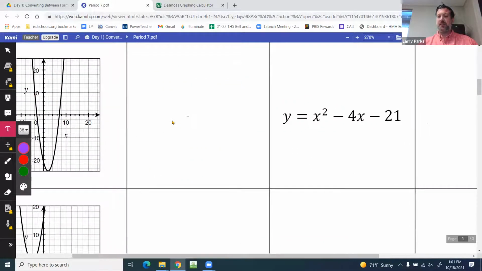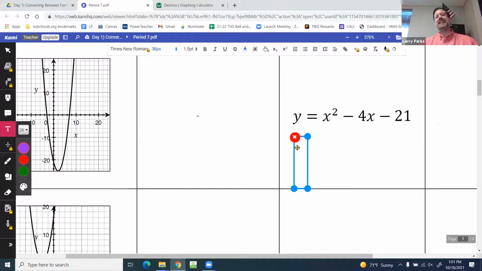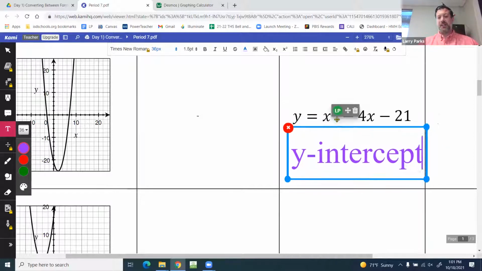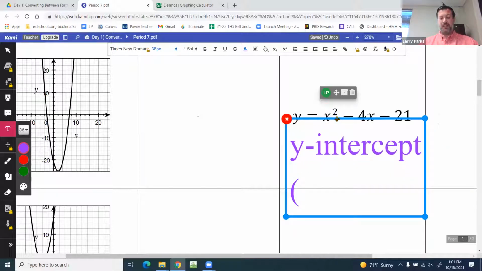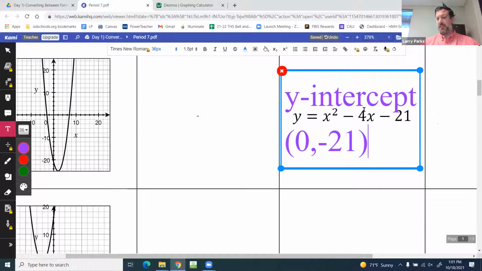Now, standard form, really, besides it telling me that it opens up, the only thing that really is of importance from here is the y-intercept. And the y-intercept, looking at that, would be 0, -21. Okay, so that's what I get from this piece of information.